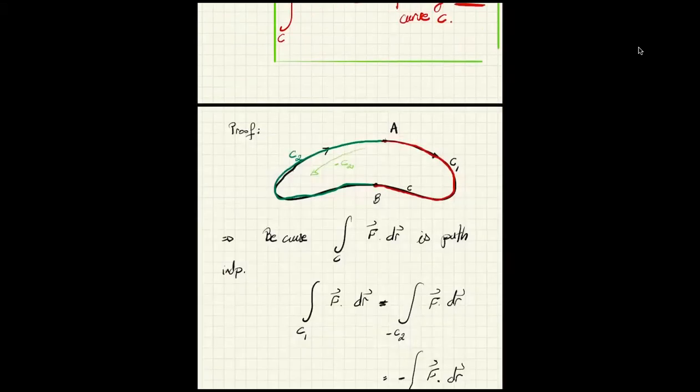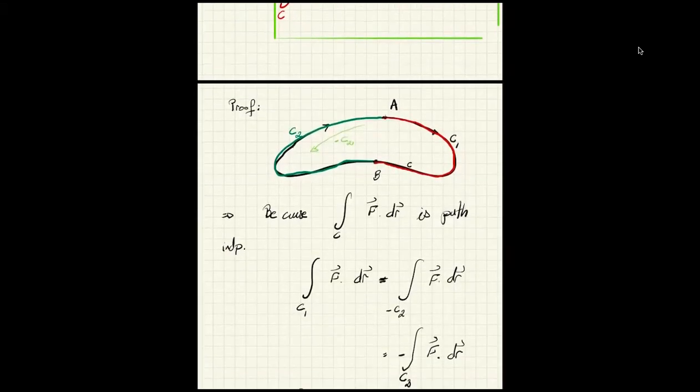This is the integral on C1 union C2. Remember, we can break these curves into piecewise curves. It's the same thing, which is the integral over C of dr, because C1 followed by C2 is the whole C we started with.